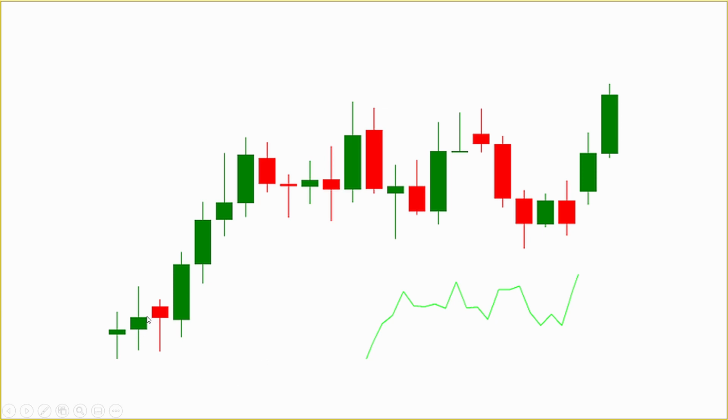So here you can see that price opened here, closed here, perhaps it opened here, it went down first, and then it went up a lot, and then it retraced a little, came here, and it opened right here because it is a red candle, so price went down.